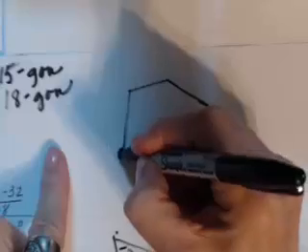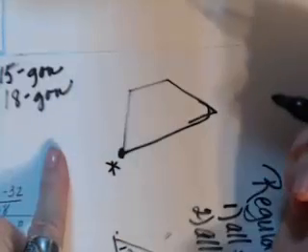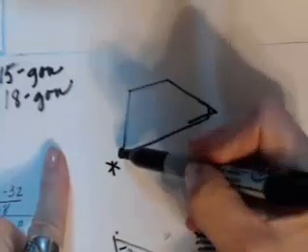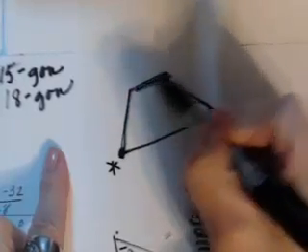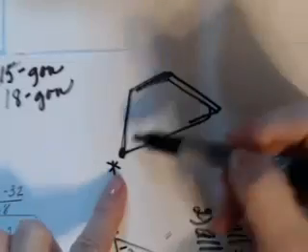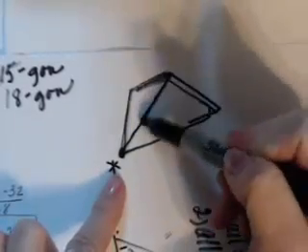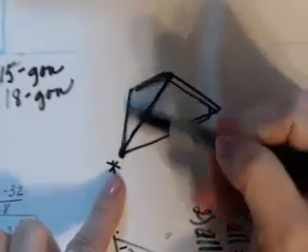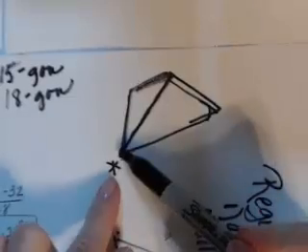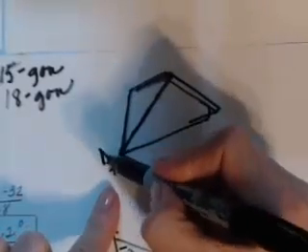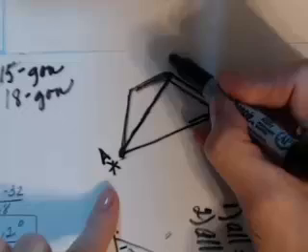If I begin at one vertex and I draw all diagonals that I can from that vertex, which would be only one possible, the sides would not be considered a diagonal. So there is only one diagonal from A to C.